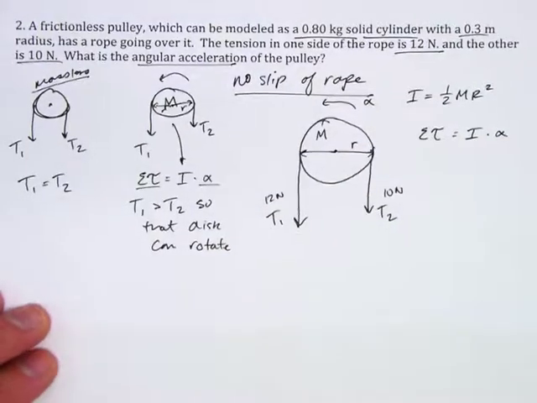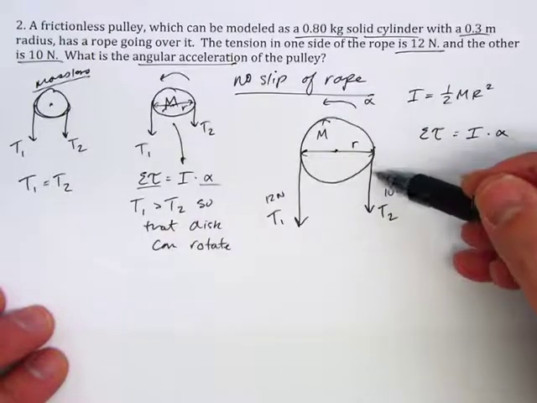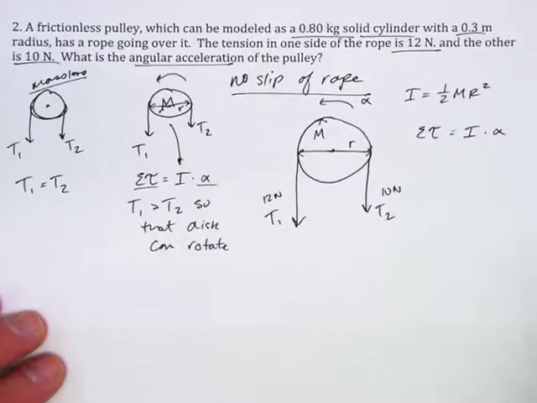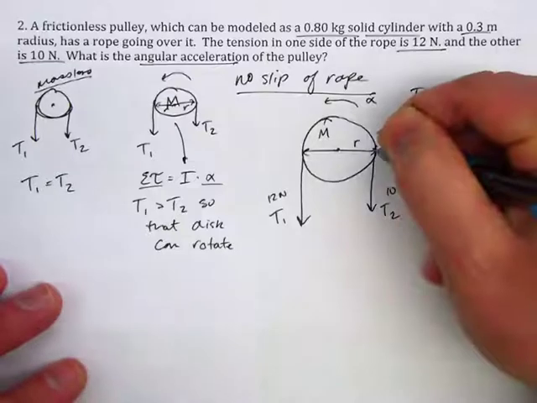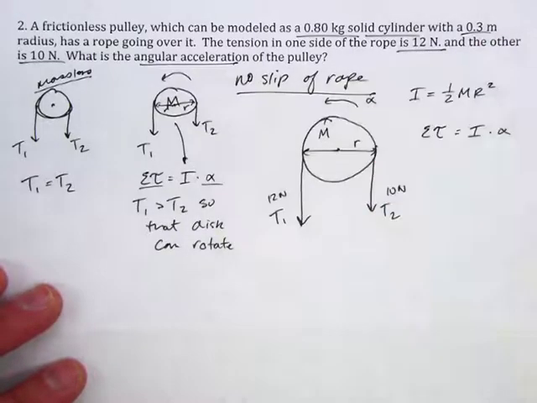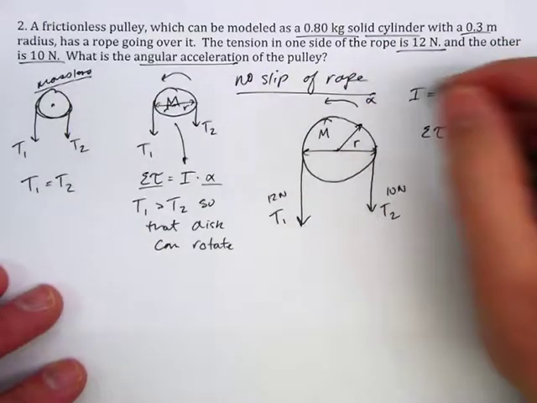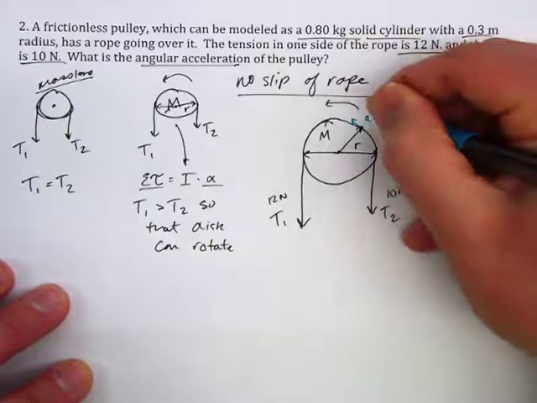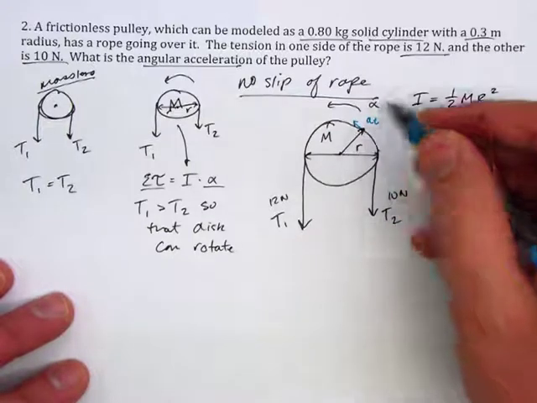Now sometimes you have a pulley problem where you're given some displacement information, like the rope displaces a certain amount and you need to use that to figure out the rotation alpha. But in this case, you don't. The other thing that I will mention to you now, because it will come up, is as this rope accelerates about this pulley, at any given point it's got some tangential acceleration, and that tangential acceleration is related to R and alpha.